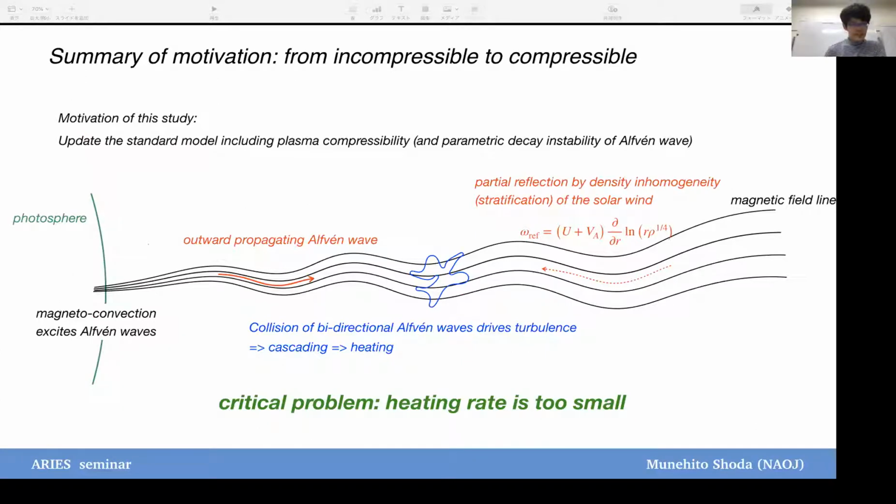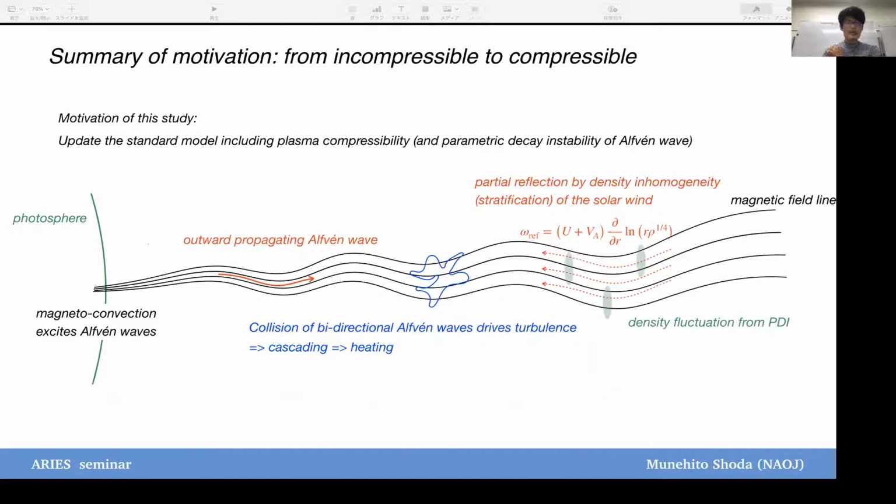So the motivation of my work is to update the standard model of the solar wind turbulence, including taking into account the plasma compressibility. So to repeat, we had a standard model, the so-called reflection-driven turbulence model. But in this model, we had a critical problem that the heating rate is too small. So we aim to update this model by taking into account the compressibility.